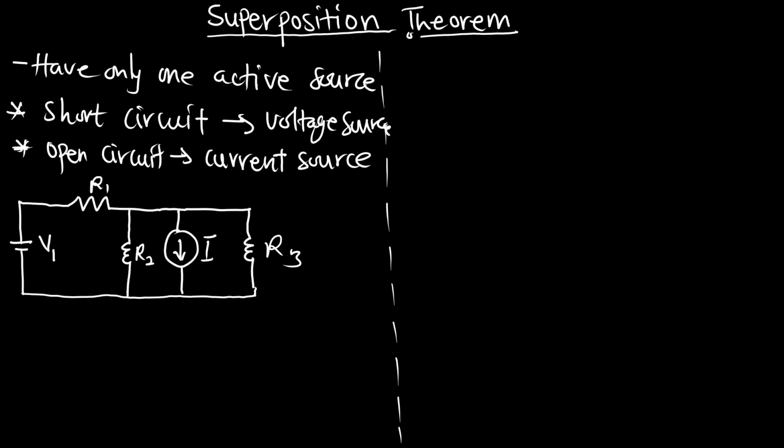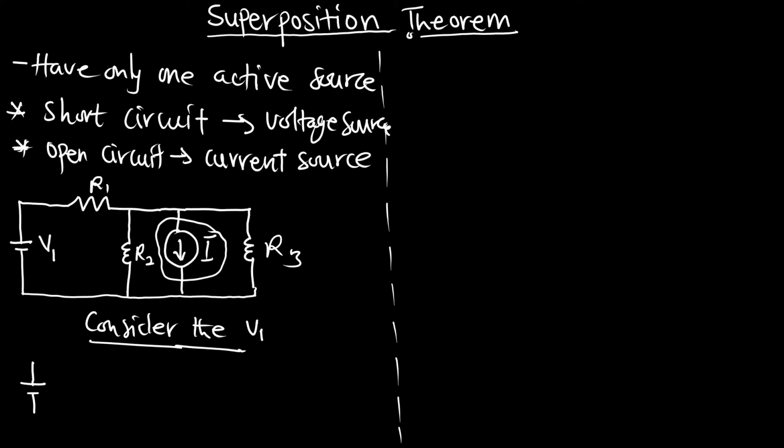So here, my first analysis, I'm going to consider the voltage source. So in this case, I'm going to open circuit the current source, meaning current is not going to pass through that, and this is going to be my diagram for analysis.